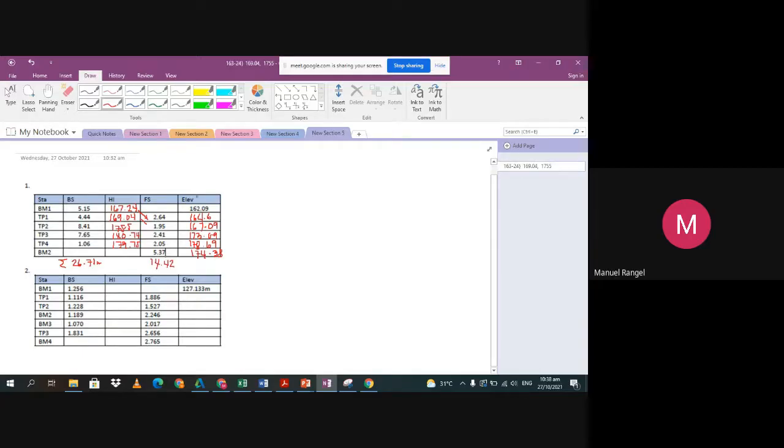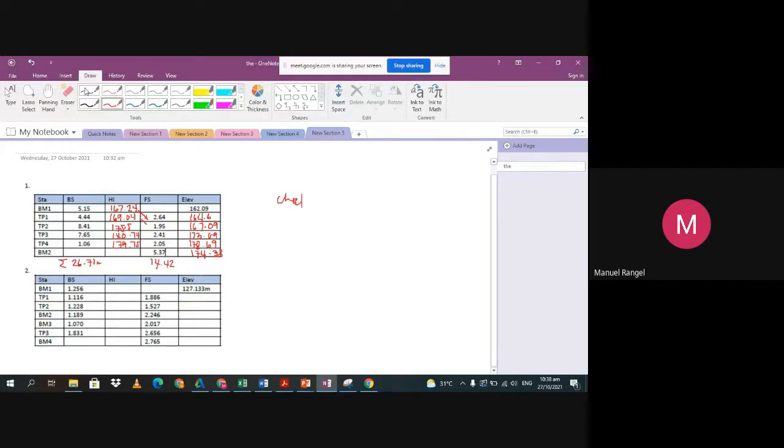Then the elevation of BM1, 162.09, plus the summation of BS, 26.71, minus the total of the foresight, 14.42, should equal the elevation of BM2, 174.38. Mauna siya pag-check.